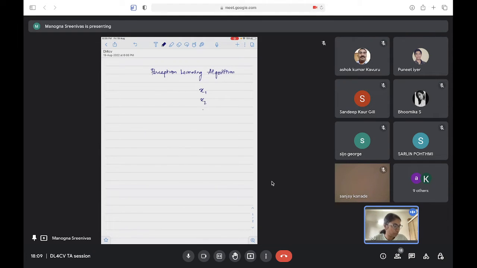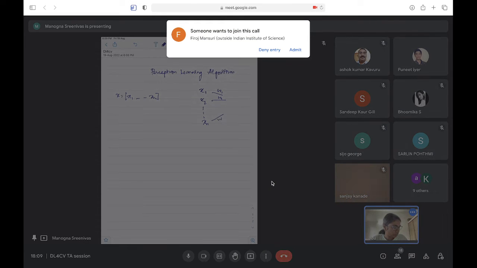I have inputs. My input vector is of dimension x1 to xn. Then I'll have weights corresponding to each of them that go as input to my perceptron, and I'll have a bias, so I get an output y.